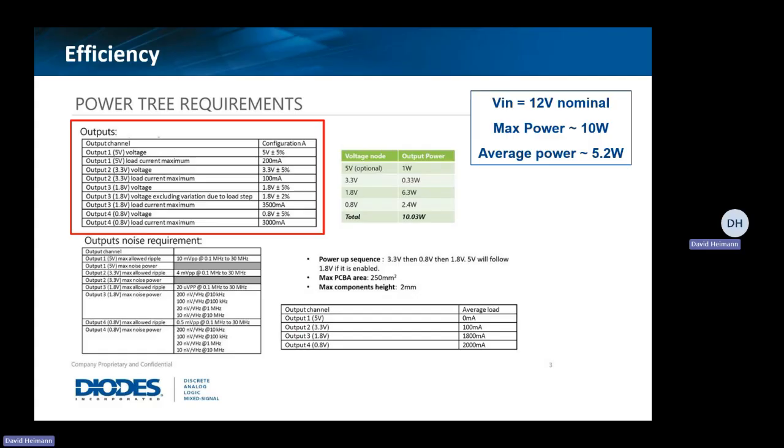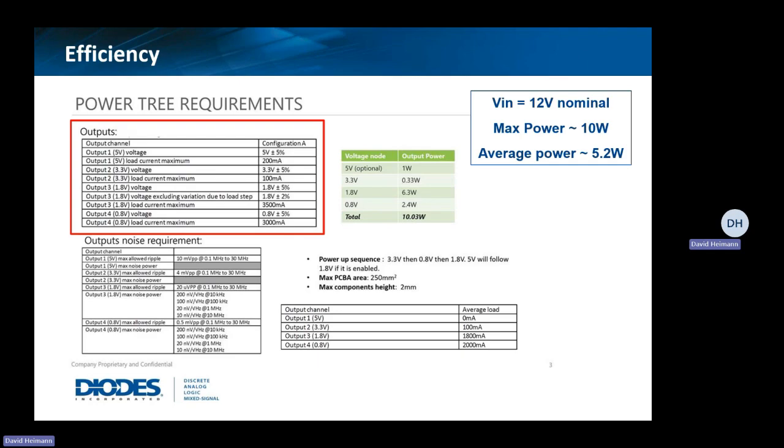This particular power tree requires 4 different outputs, and they're giving us the maximum power requirement for each of these rails. They're also giving us the output noise requirements for each rail, the sequence that they need, and in addition to the maximum power, they're giving us the average power for each rail too, and the actual power calculation there in the green part of the text.